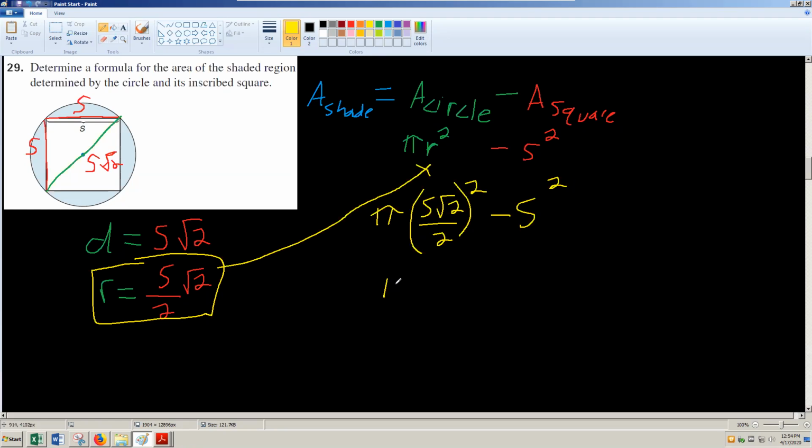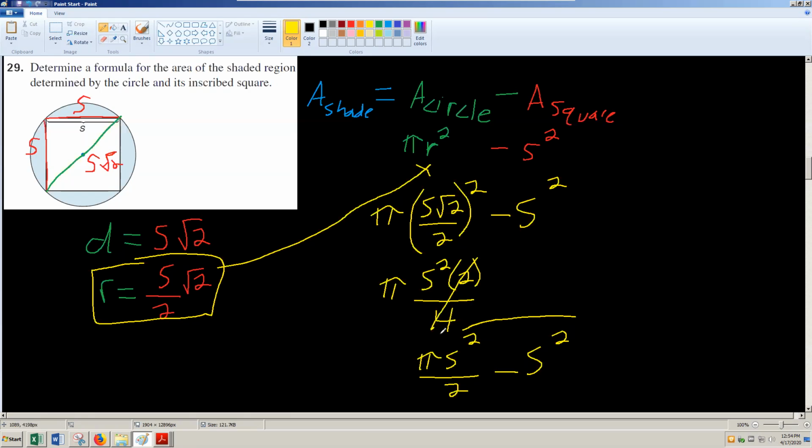So this is going to be pi on the outside, or I get s squared times 2, all divided by 4. This is going to cancel off, so I just get 2 on the bottom here. So I get pi s squared over 2 minus s squared. And that would be my final answer for the area of the shaded region here. Any questions on this one?